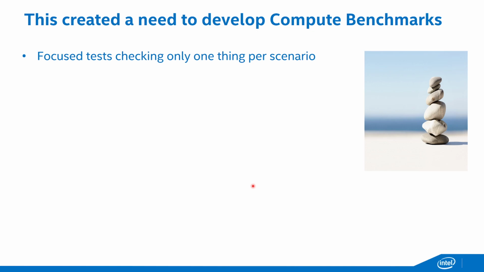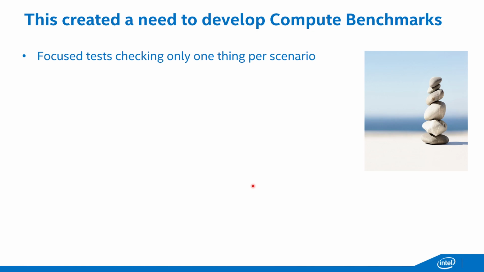And here are the basic principles that those compute benchmarks follow. What we basically created is a test suite for the driver team to allow optimizing the driver using simple and controllable infrastructure.